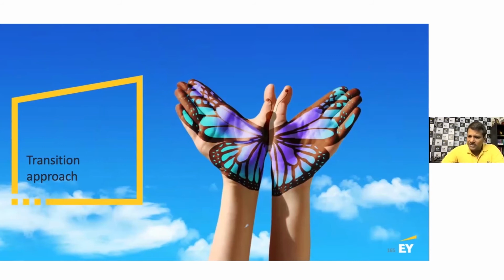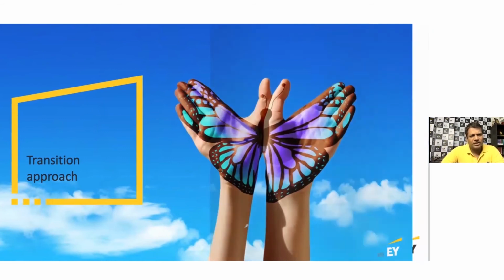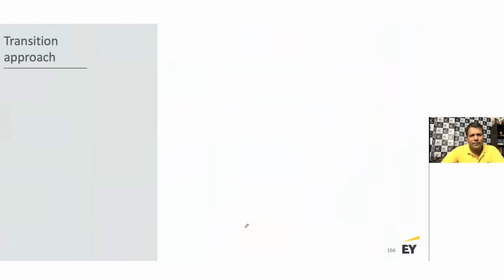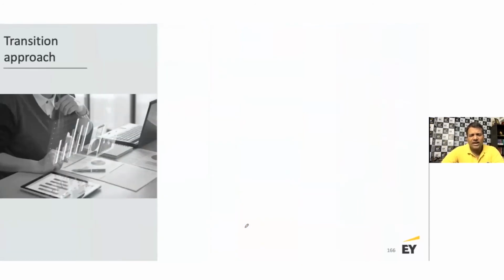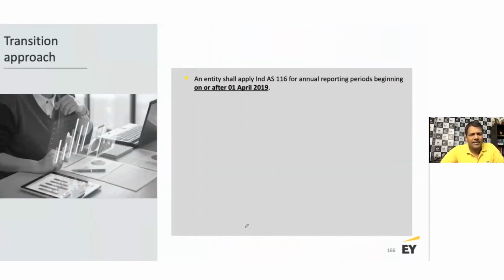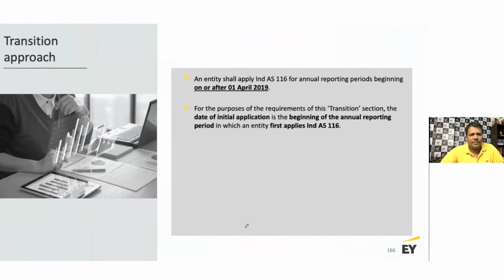And when you look at the transition, since it is a new standard, there are multiple transition approaches as provided for in the standard. It is applicable for annual periods beginning on or after 1st April 2019, and the date of initial application is the beginning of the annual reporting period in which an entity first applies Ind AS 116.